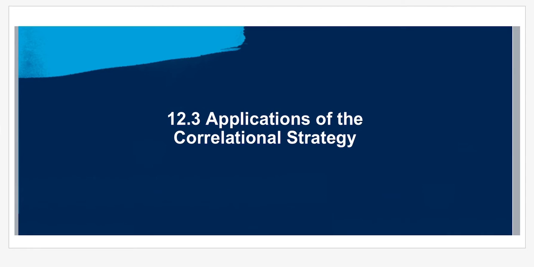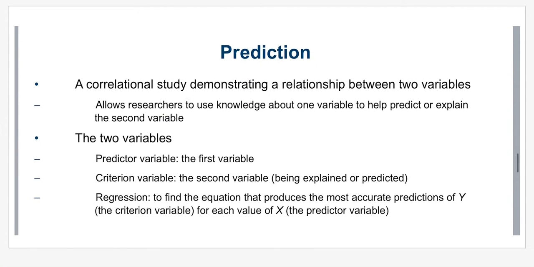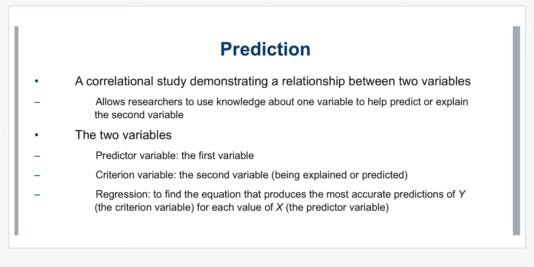So first, we are going to start with prediction. Correlational studies and correlations in general, because they establish a relationship between two variables, enable us to use that knowledge of the relationship and how one variable can influence the other to help predict or explain other variables.